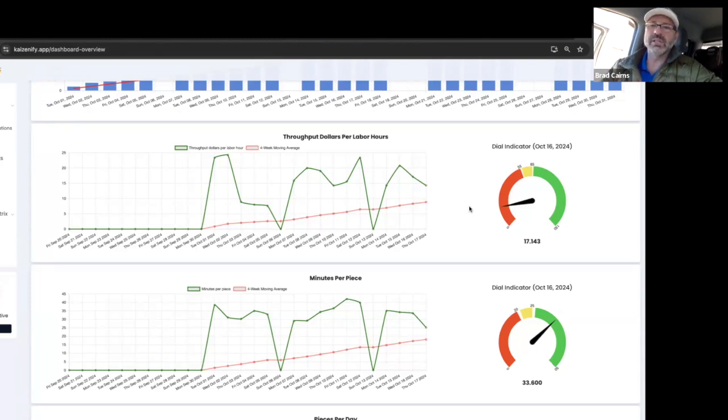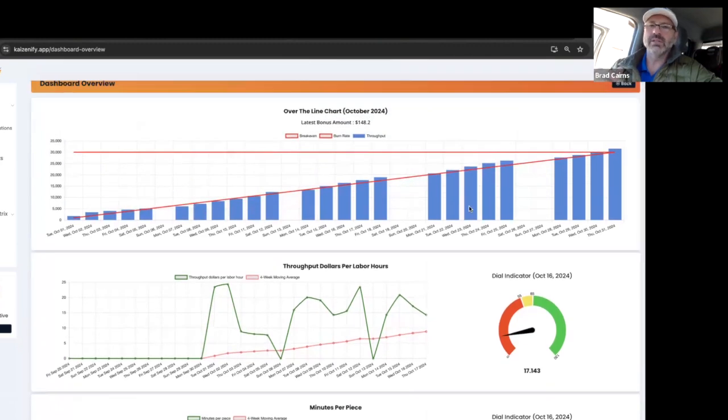But pieces per day on its own is a terrible measurement, because if your goal is 100 pieces or 100 points per day and you hire 10,000 people to do it, you're going to think you hit your target, but you're going to be bankrupt in a day. And the throughput dollars per labor hour will increase on your high octane products.